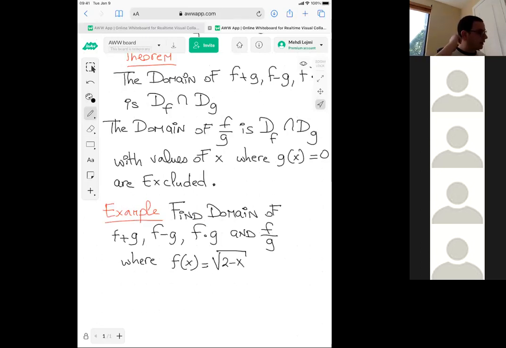And g of x is the square root of 4 plus x. Okay.